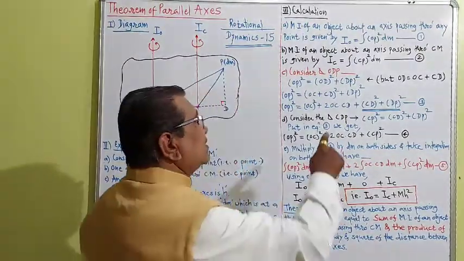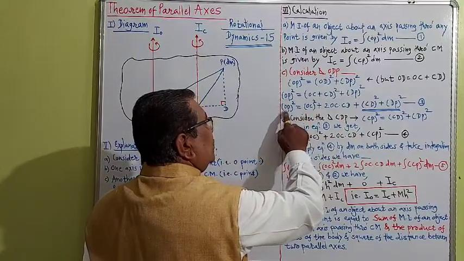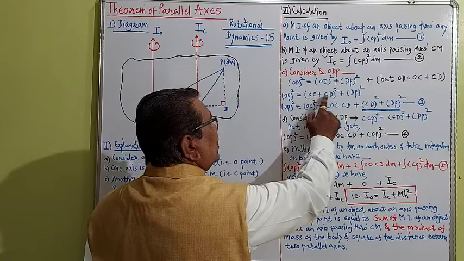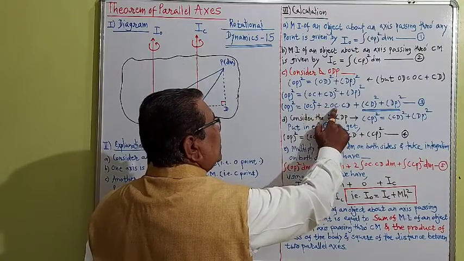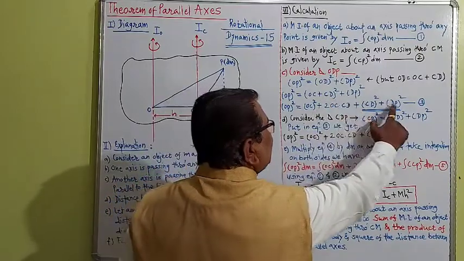Then solve this square bracket. You will get OP square is equal to OC square plus twice OC into CD plus CD square plus DP square.